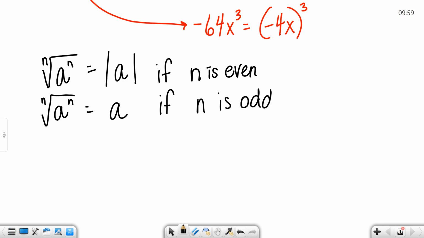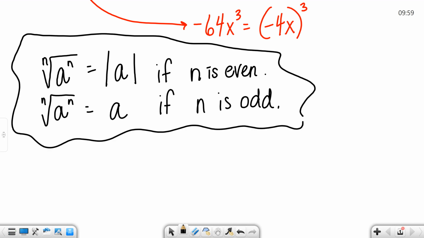All right, so here is just a good way to write down what I just said about the even and odd thing. If n is even, then I'm going to need absolute value. If n is odd, I'm not going to need absolute value for my answer.